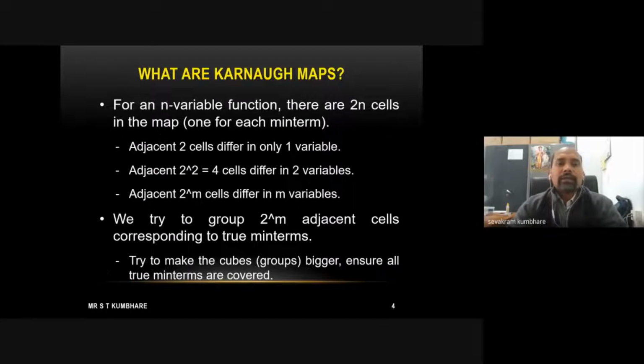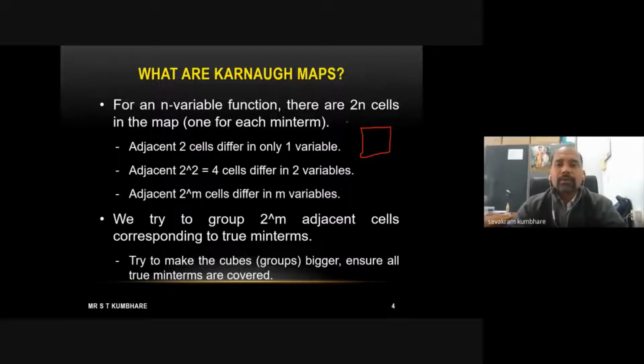Then for an n variable function, there are 2^n cells in the map. What does it mean? For a single variable we are not going to simplify the function, so we need at least 2 variables.